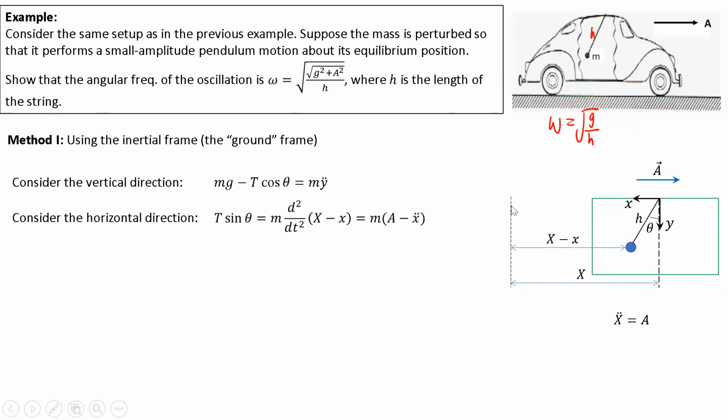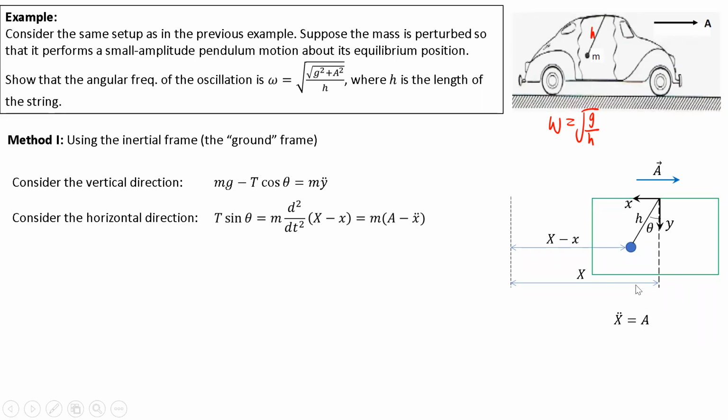This vertical line is just a fixed reference line, and this capital X measures the distance between this fixed reference line and the midpoint of the car. You understand that capital X double dot is just given by this constant capital A.